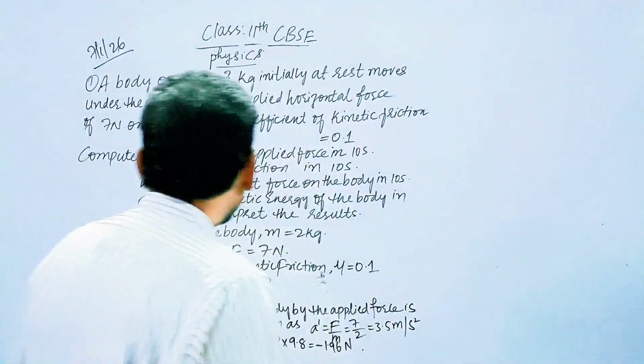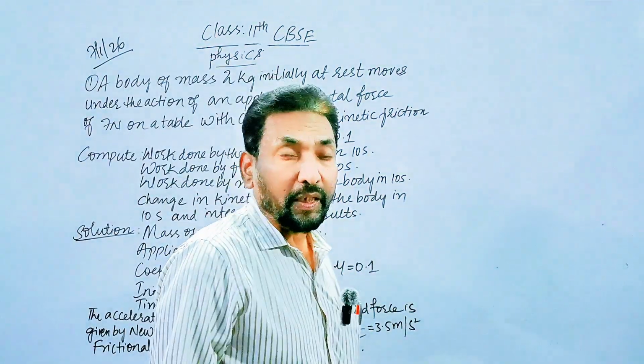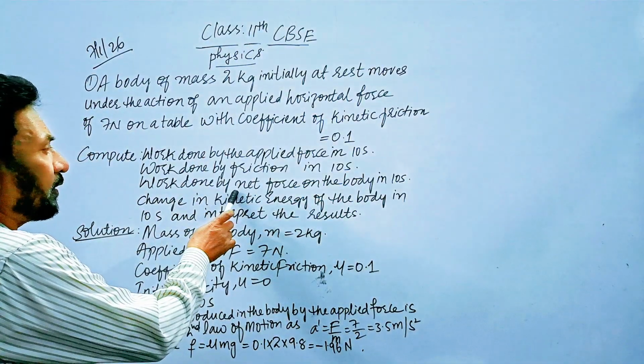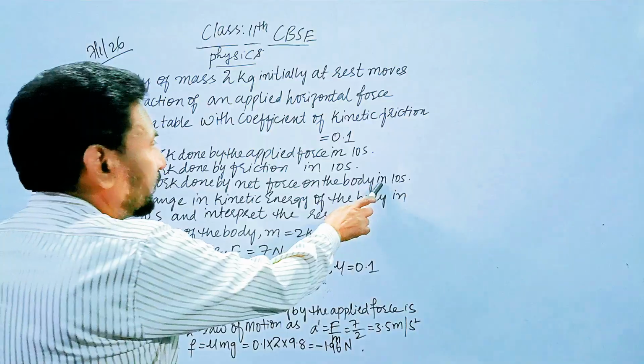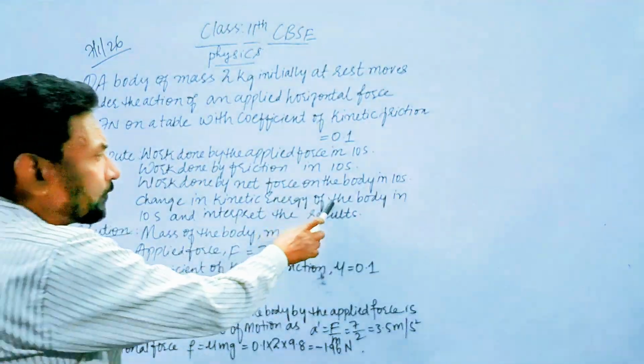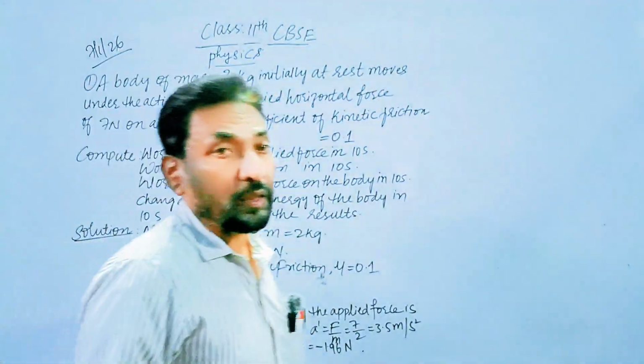Next is work done by friction in 10 seconds again. Now, work done by net force on the body in 10 seconds. Change in kinetic energy of the body in 10 seconds and interpret the results.